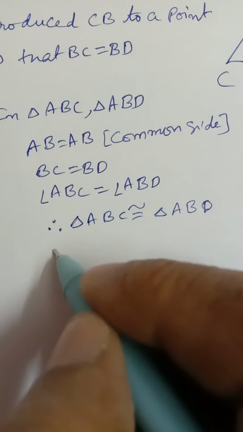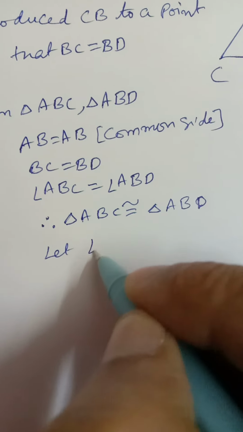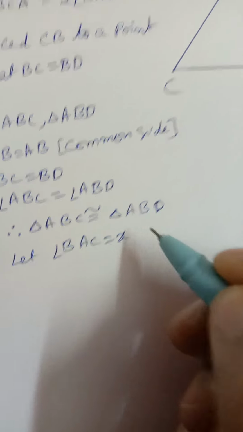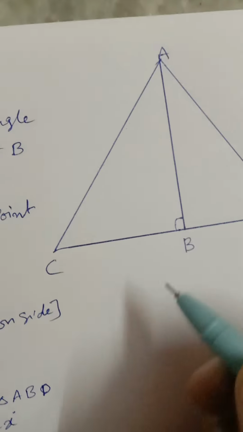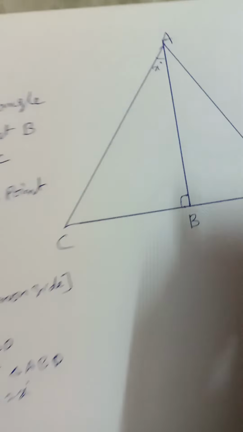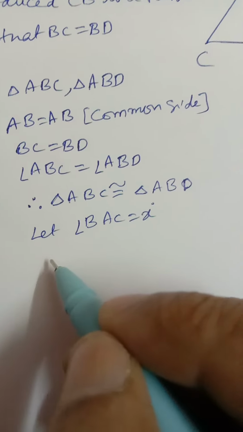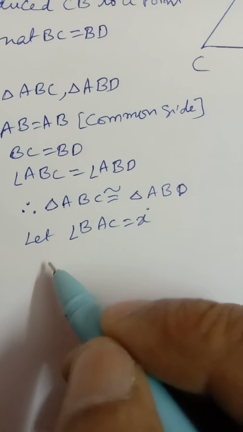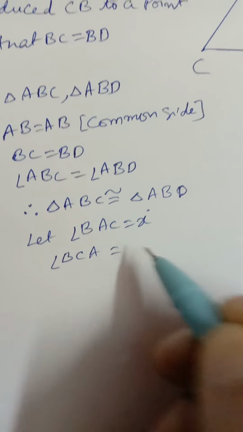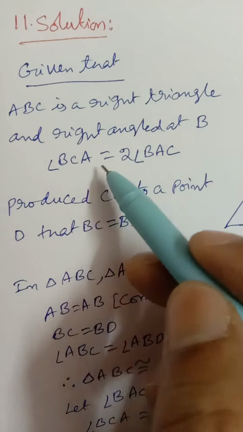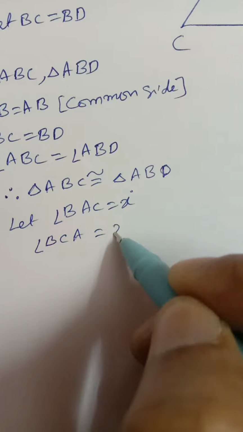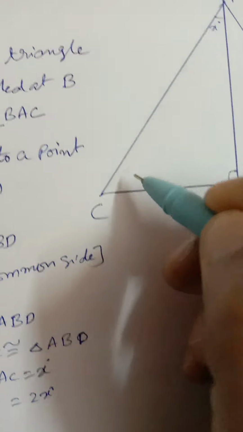Let angle BAC be equal to x degrees. Since angle BCA is equal to 2 angle BAC, angle BCA is equal to 2x degrees.